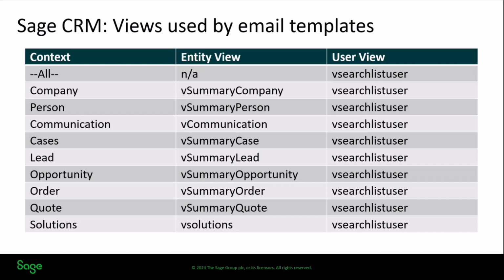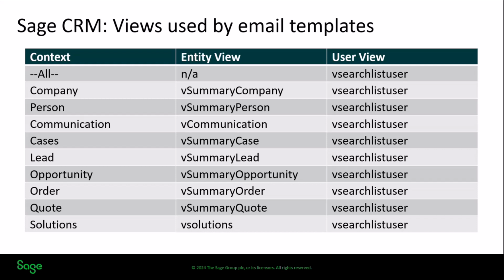So here, if I'm composing an email in the context of the case, I'm using vSummary case as the underlying view, and I'm also using for the user information a view called vSearchListUser. So if there is data contained within the view for a record vSummary case, then I know I can include it inside my email template, and that includes columns from the company, the person, and the case itself.